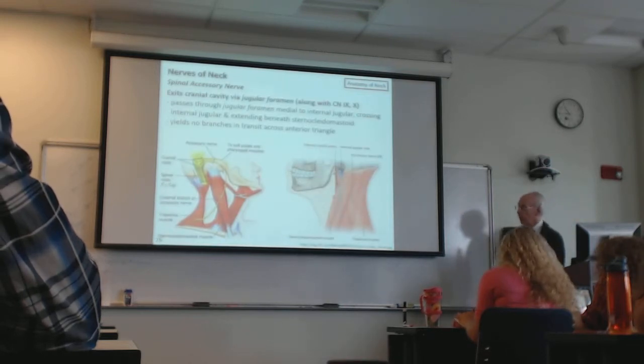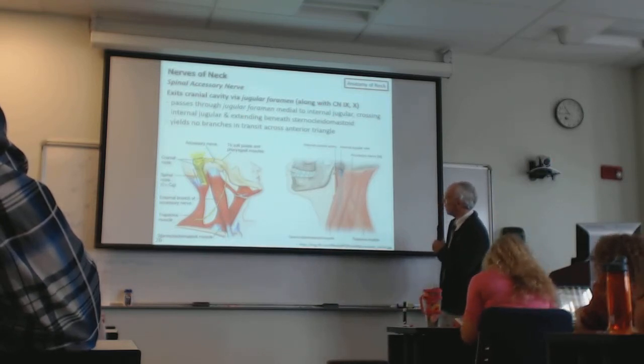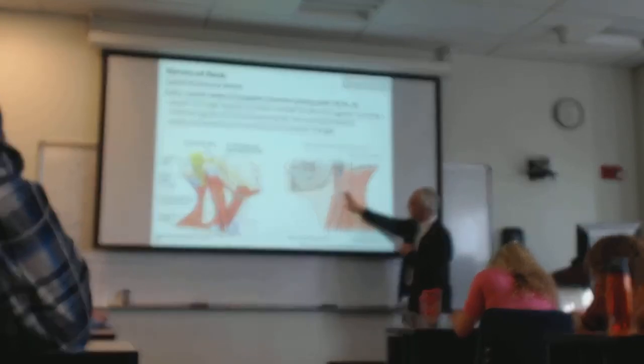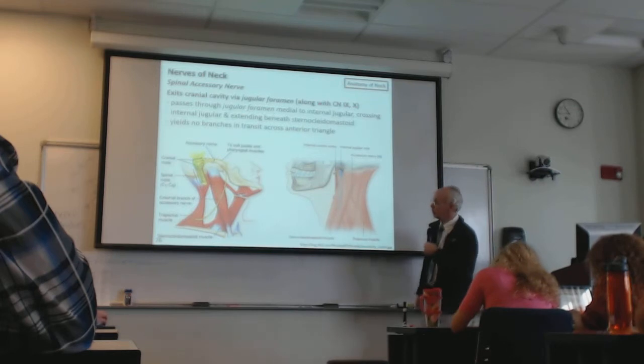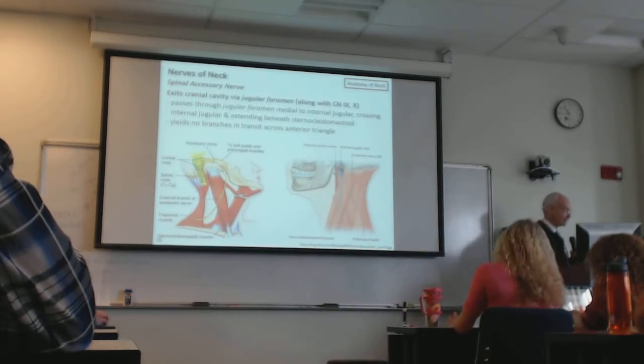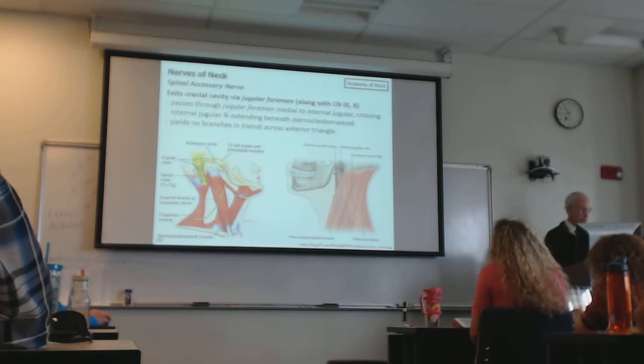We've already talked about the precarious position of the spinal accessory nerve in this region. The spinal accessory nerve is running right smack dab through that posterior triangle. And so it's kind of exposed there, and therefore it has to be anticipated in any type of surgical or puncture procedure in this region.